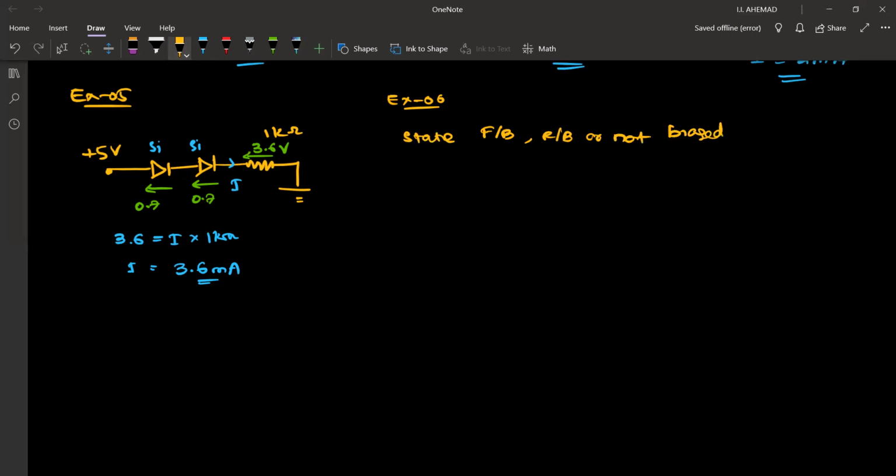State forward bias, reverse bias, or not biased for the following. First, what can you tell about these diodes for the remaining also?